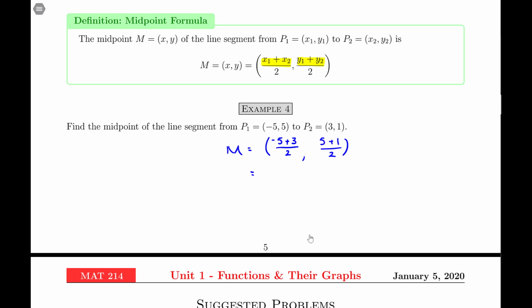So -5 plus 3 is -2. And 5 plus 1 is 6. And then when we simplify these two fractions, we get -1, 3. So -1, 3 is the midpoint. That's exactly halfway between P1 and P2.